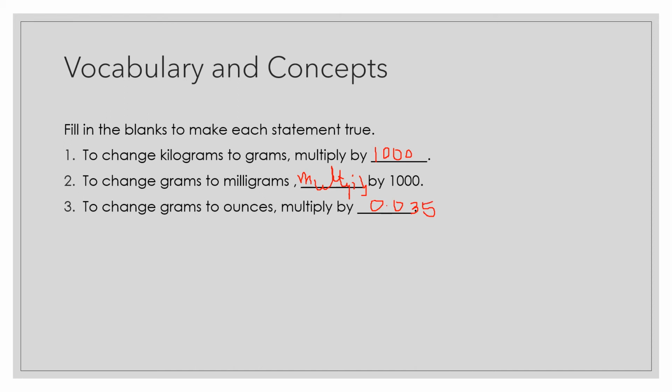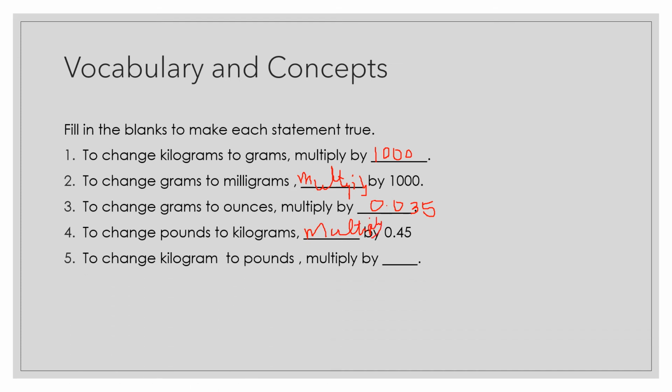To change pounds to kilograms, multiply by 0.45. And to change kilograms to pounds, multiply by 2.2. Okay?